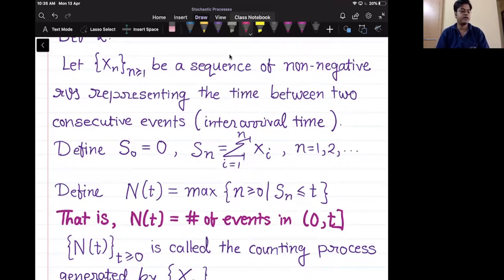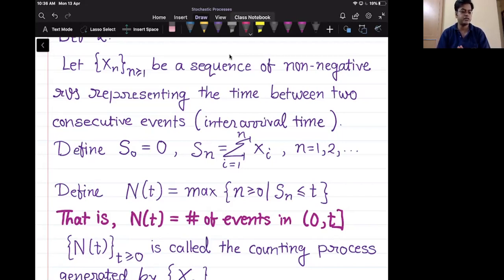Then, based on these Xn's, we have defined another family of random variables Sn. For fixed n, it is one random variable. For varying n, it is Sn, n equal to 1, 2, and so on, so it is again a sequence. This random variable denotes the arrival times. Because the Xi's are inter-arrival times, if you sum over them, you get the arrival times.